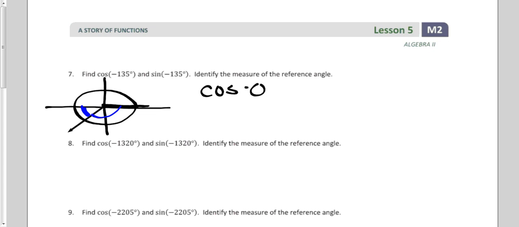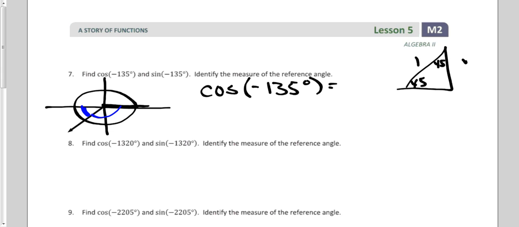So here, the cosine of negative 135 degrees equals, what is the cosine for a 45 degree angle? Remember your right triangle. This is a 45, this is a 45, and the hypotenuse is 1, and each of the legs are root 2 over 2.